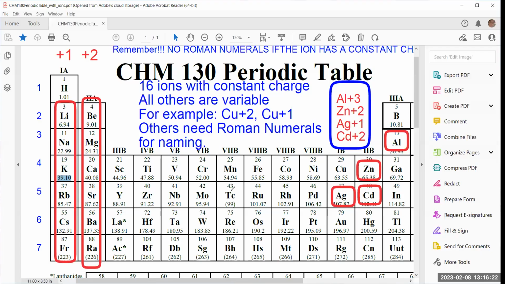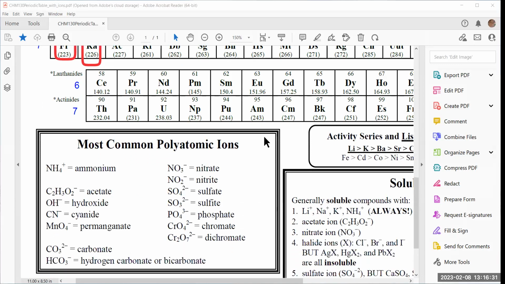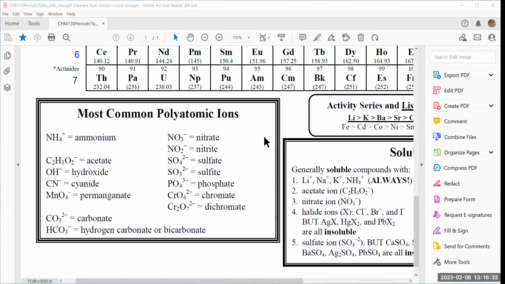If you look at your periodic table, scroll down, and go to the bottom left corner. You'll see these compounds, these formulas that are called polyatomic ions.